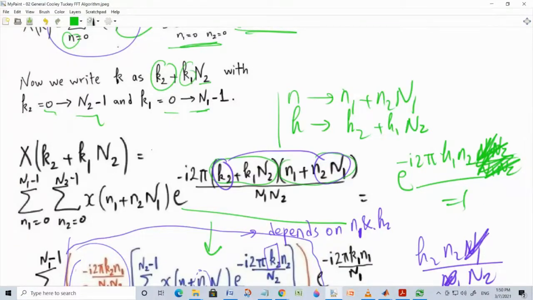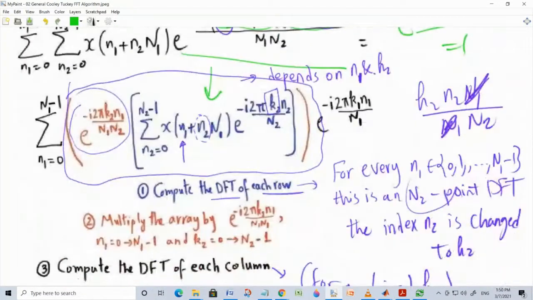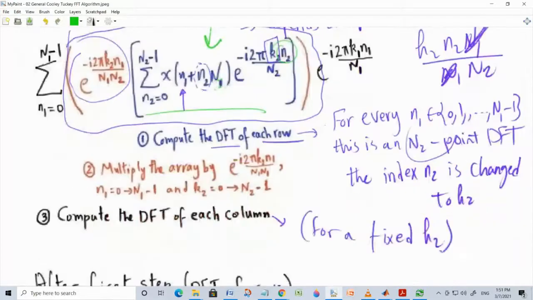And then you rewrite the DFT, and you will get this expression. If you rewrite it this way, this inner sum I can understand as: fix n1 and take the DFT with respect to n2. So this is a DFT of a row. Do it for all rows. Then multiply by the twiddle factors. Then do the DFT of each column, and you are done.